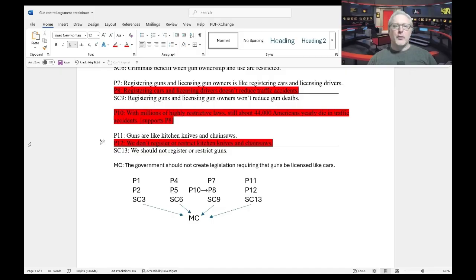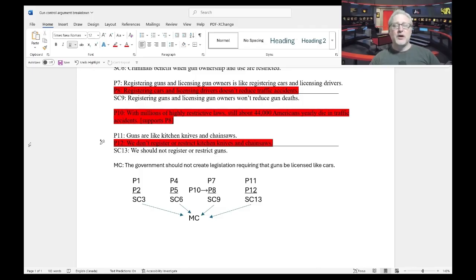So I think the takeaway here is that there's a problem with the comparison between kitchen knives and chainsaws, which are things that are needed to perform certain tasks, which can also be misused to kill people, versus guns whose actual purpose, what they're made for, is to kill people.